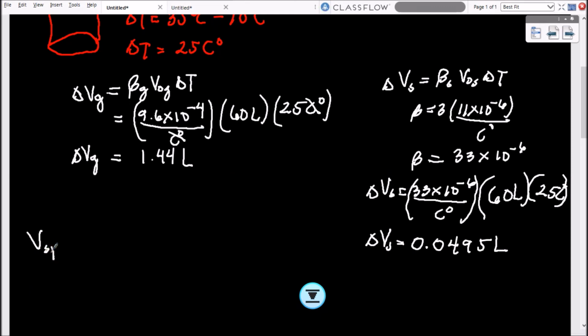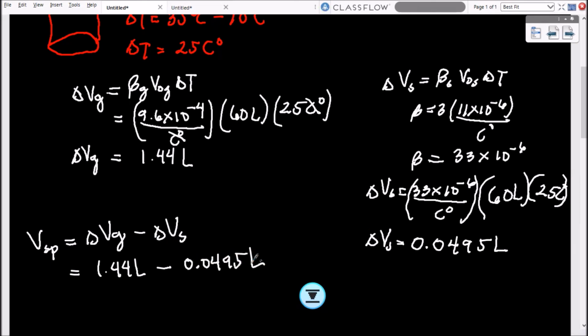The volume spilled, meaning the gasoline that spills out, will be equal to the change in volume of the gasoline minus the change in volume of the steel tank. We have 1.44 liters, that is the change in volume of the gasoline, minus delta V of S, the change in volume of the steel tank, which is 0.0495 liters.